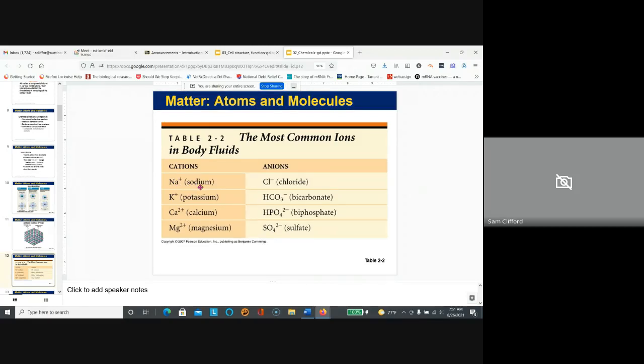We'll be talking a great deal about sodium, potassium, calcium, bicarbonate. These are the most common ions in body fluids. You should know the symbol, you should know the name. Those are things you'll have to be familiar with in order to study the physiology of cells.